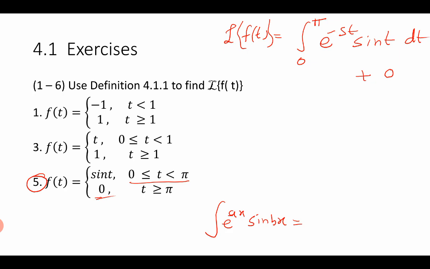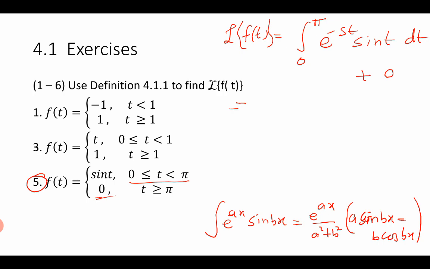The formula is e raised to ax divided by a square plus b square, into a times sin bx minus b times cosine bx. That's it. And then substitute upper and lower limit. This formula is going to be used here in this integration.